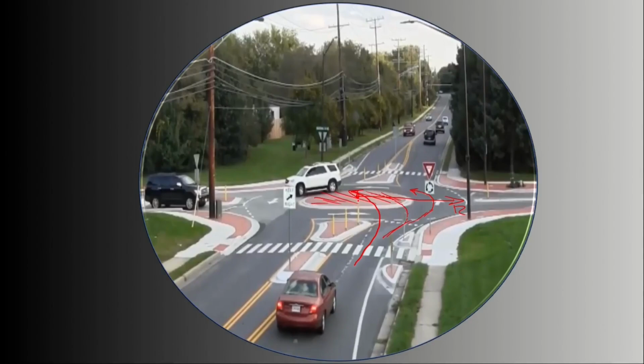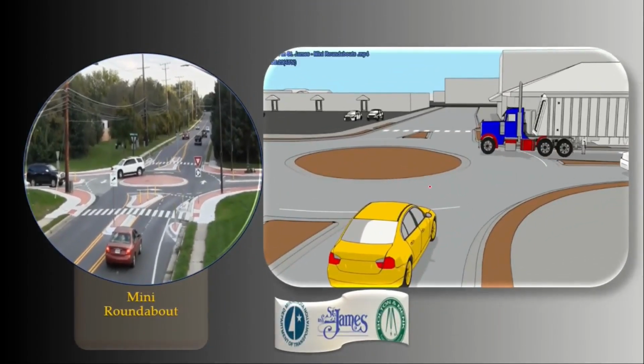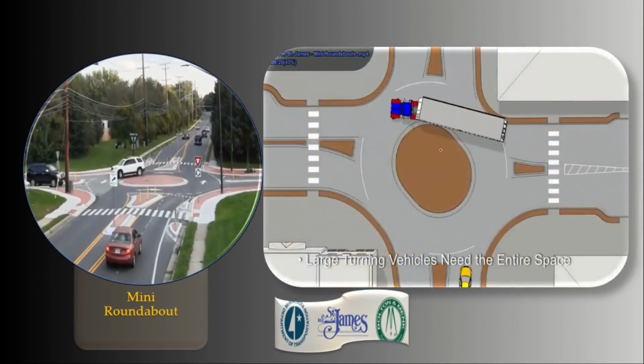So the center island has to be fully traversable. I believe this animation makes it clear. As you can see, the rear wheel path of this semi-trailer encroaches on the center island.